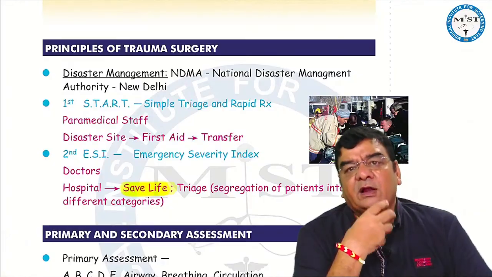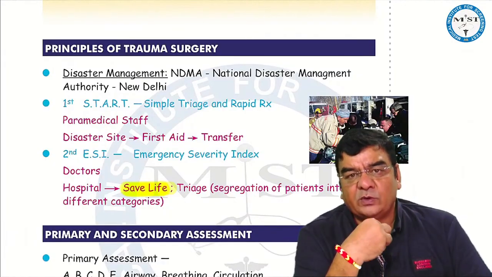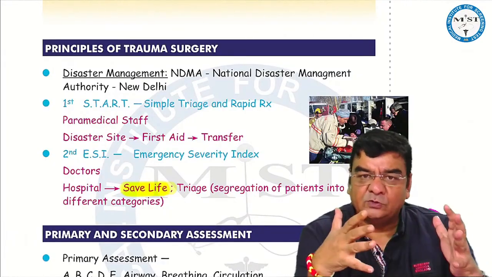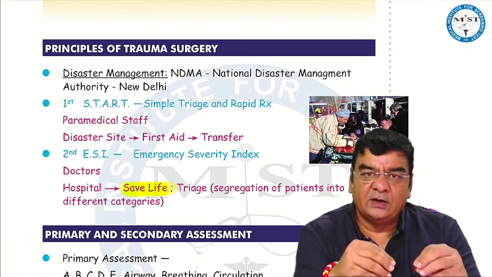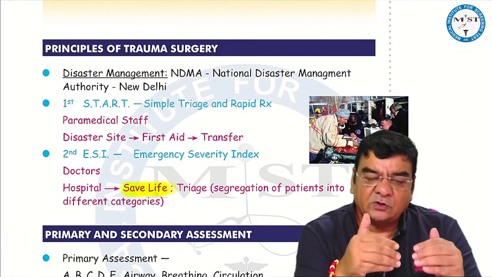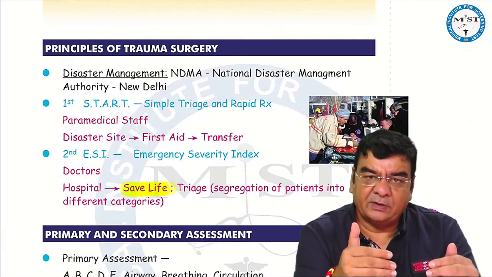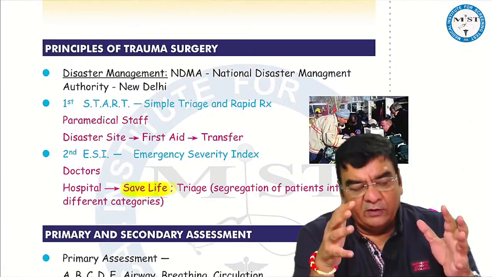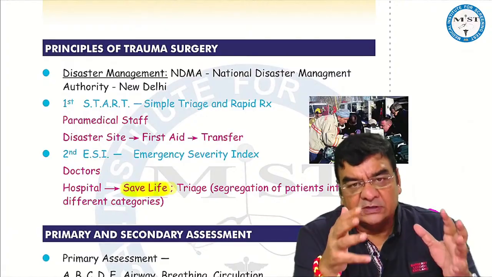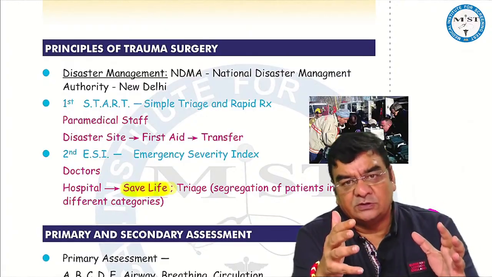We know there are airways through which oxygen is going inside. Then there are air balloons, lungs, which are expanding. So the oxygen is going into the alveoli. And then from the alveolar membrane, this oxygen is diffusing into the blood, the pipeline, which is distributed throughout the body. So we have to restore these airways, breathing, and the circulation stories.